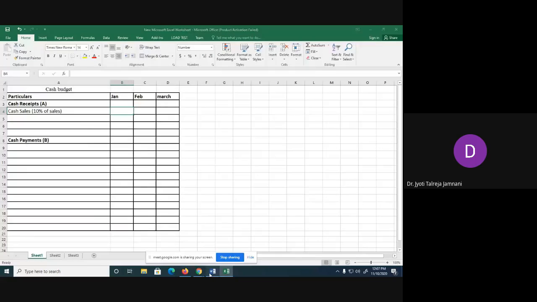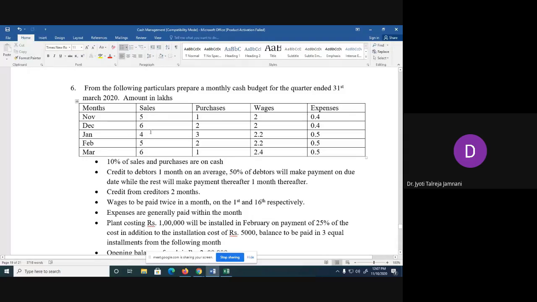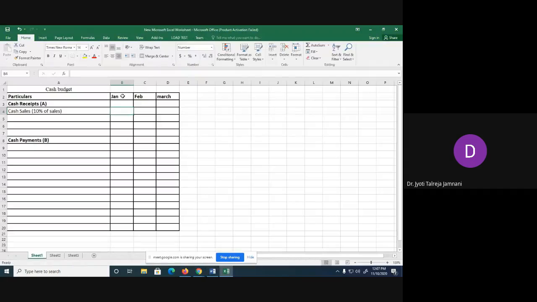So for Jan, the sales is 4 lakhs. So 10% of 4 lakhs will be 0.4. So cash sales for Jan.